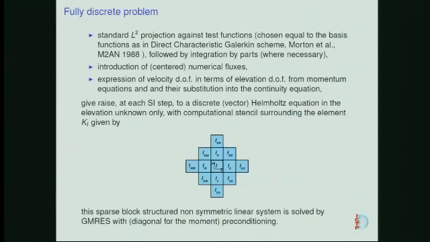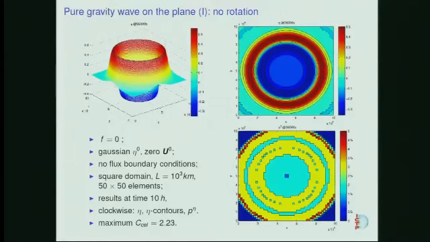And in the end, at each time step, we have to solve a linear system, non-symmetric, in the elevation degrees of freedom only. And this is the stencil of the linear system we have to solve. Notice that each block has a different size due to the adaptivity, and the dimension of each block of this stencil changes not only from one element to the other, but also at each time step.